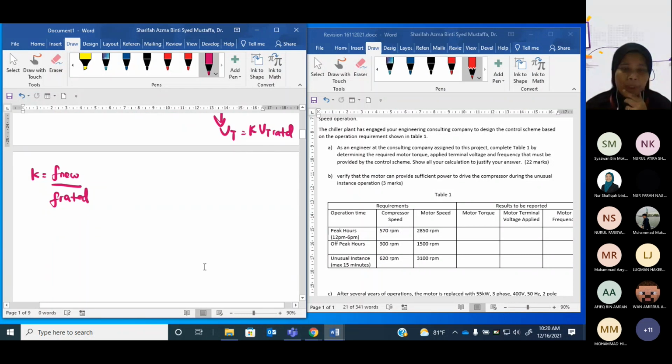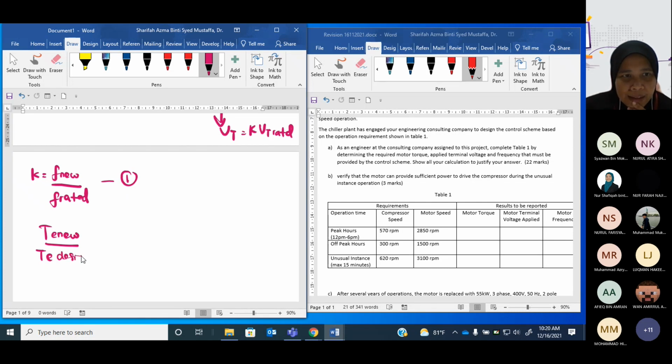So which formula do you want to use to calculate your new torque? TE new. TE is not direct anymore. TE at design equals NSL new over NSL at the design, which we obtained.